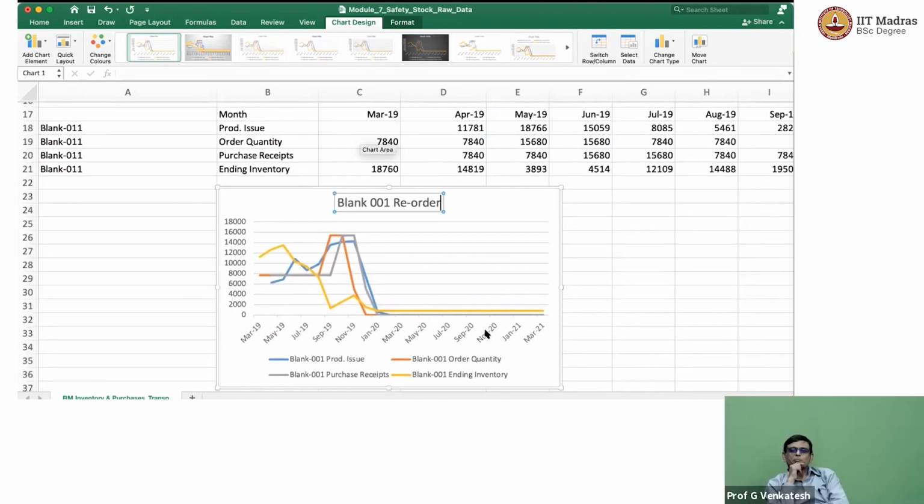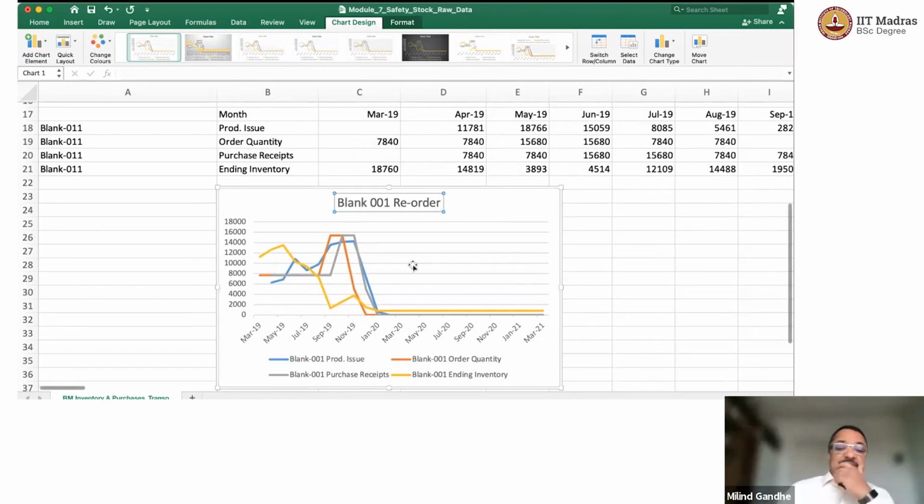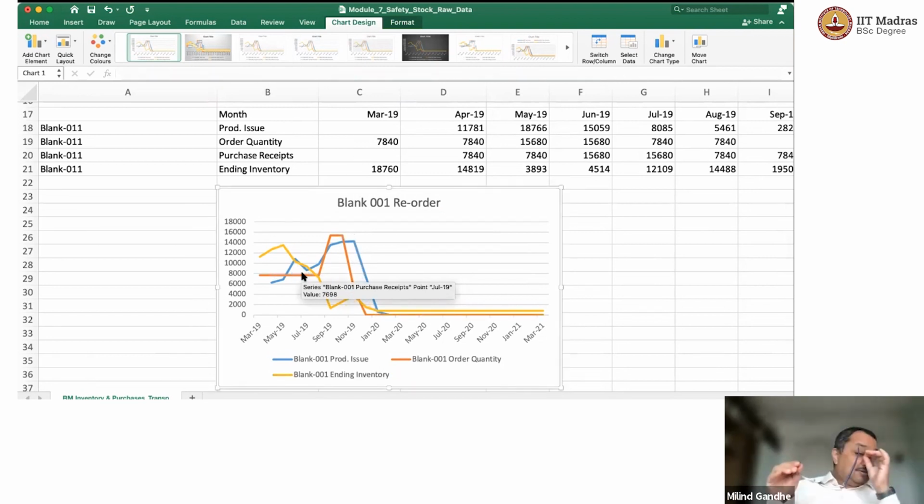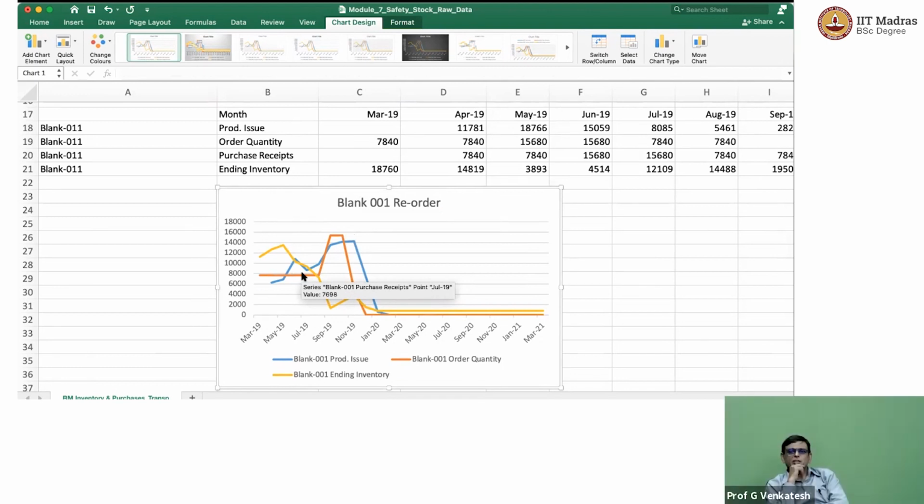Otherwise it gets too cluttered. Purchase receipts we don't need. Of course I can just select that row and delete it. Okay. Let this be there. I think it still says something.